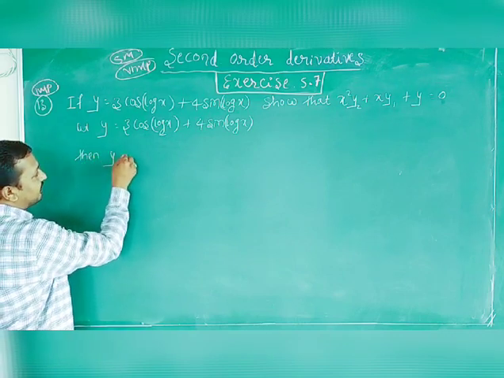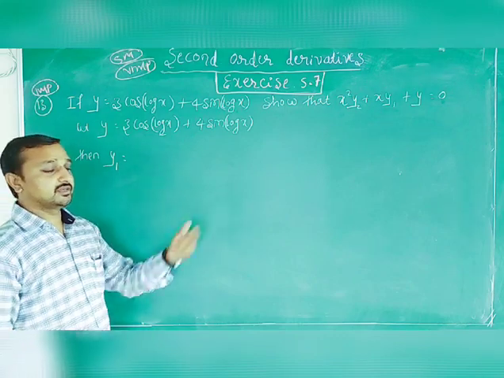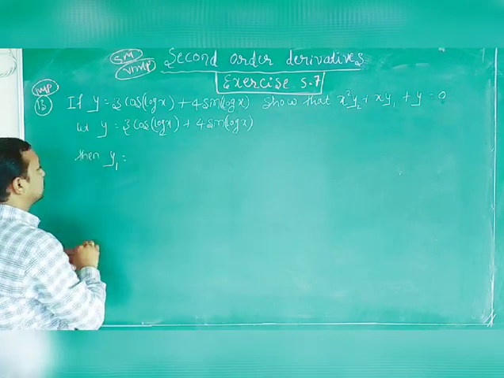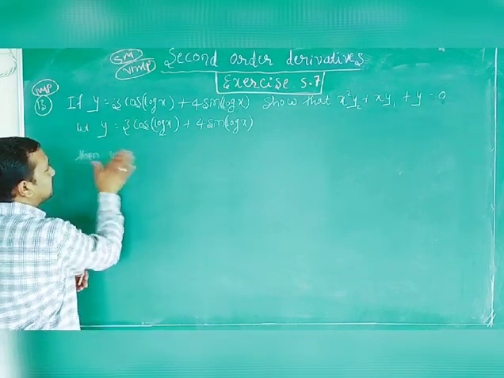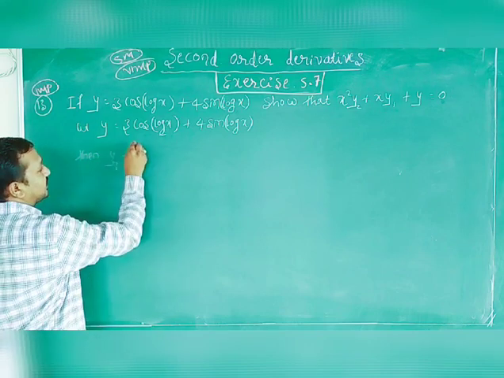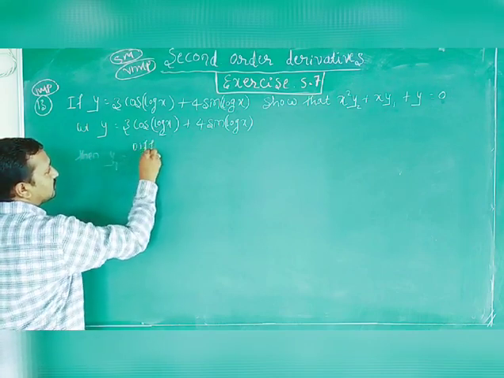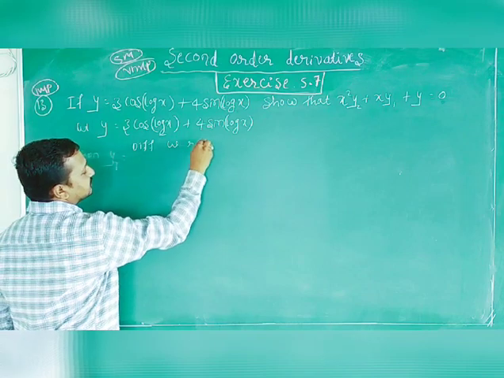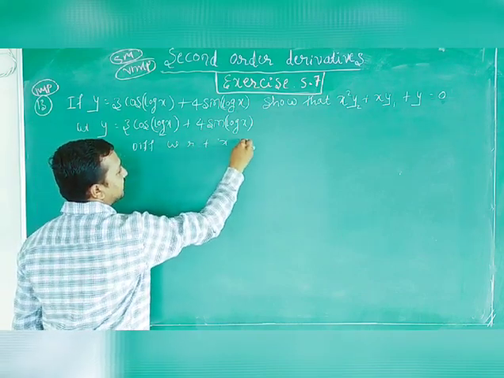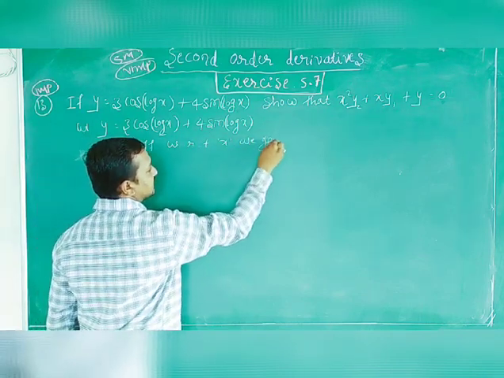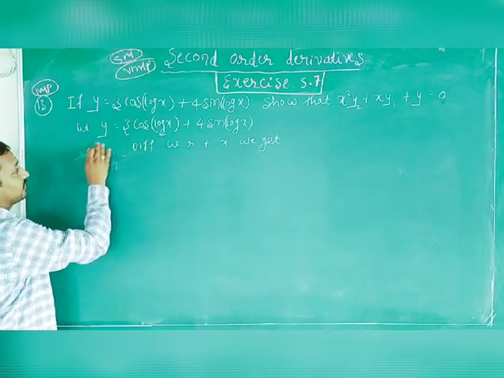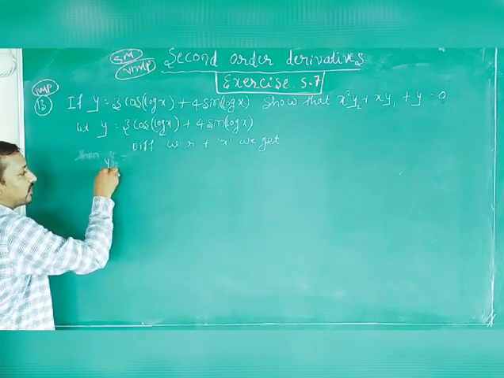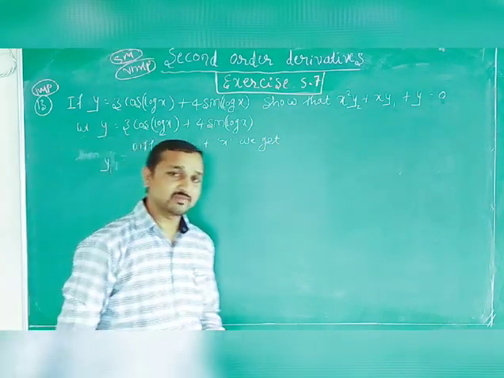y1 is nothing but the first order differentiation, that is, differentiate with respect to x. The derivative of y is written as y1, so y1 is nothing but dy by dx.